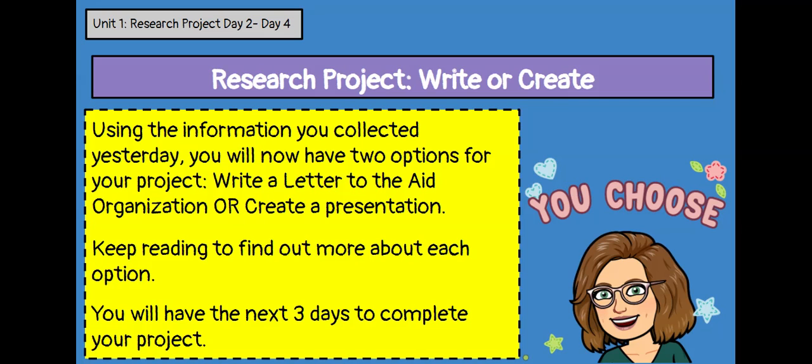So you spent a lot of time yesterday researching an aid organization that was meaningful to you from the list I provided. Now, using the information you collected, you will have two options for your project. You can write a letter to the aid organization or create a presentation.